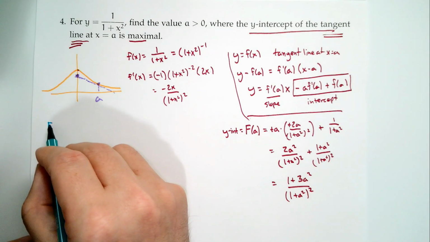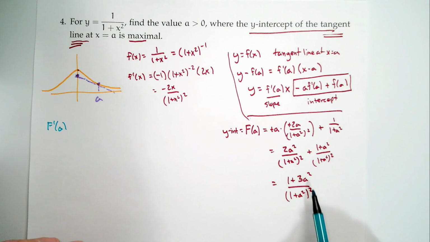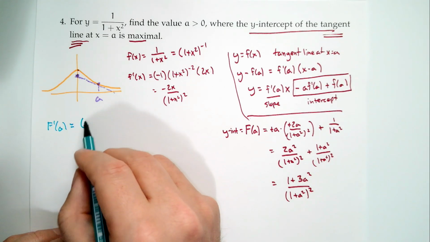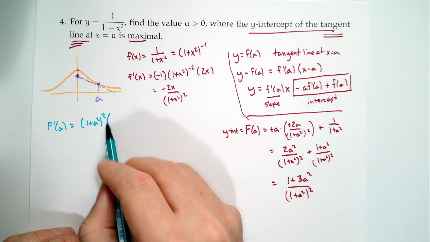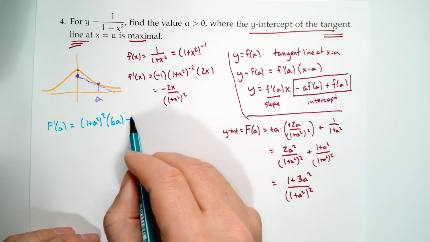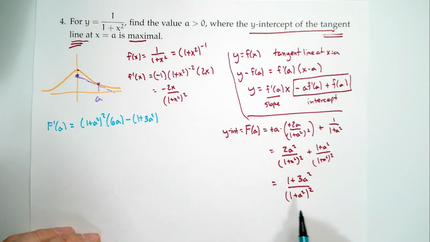When we're doing optimization problems, we find our function and then we take our derivative and look for critical points. So here, we'll use the quotient rule. What does the quotient rule say? It says, let's take the bottom, (1 plus a squared) squared, times the derivative of the top, which is 6a, minus the top, 1 plus 3a squared, times the derivative of the bottom.